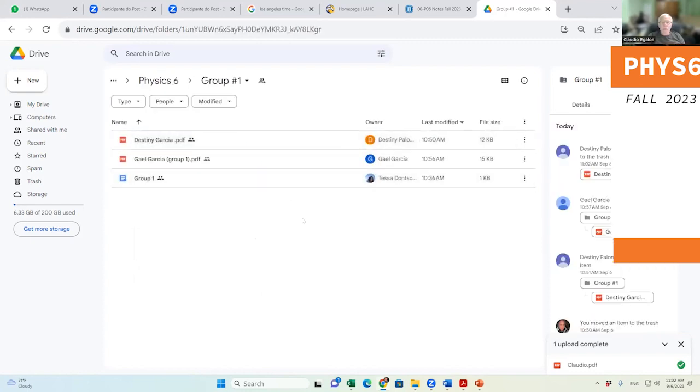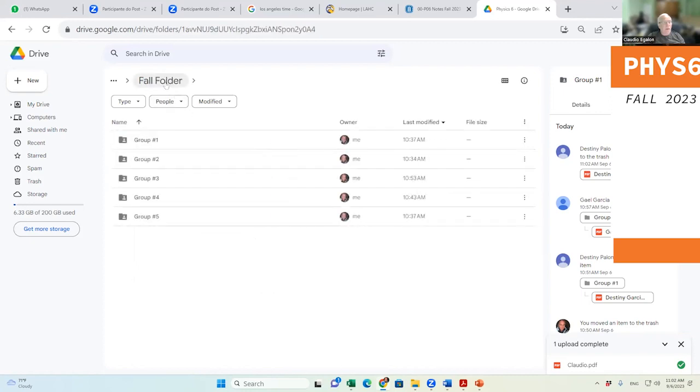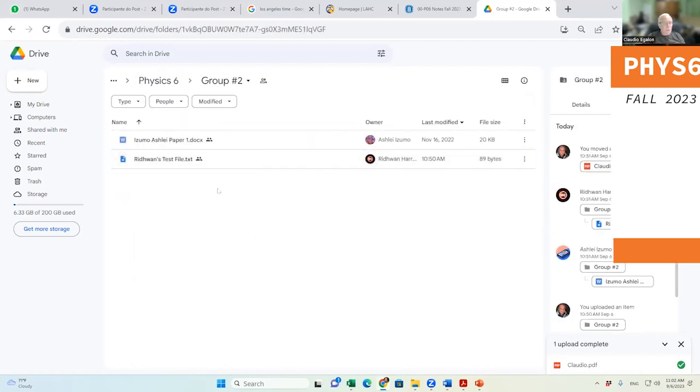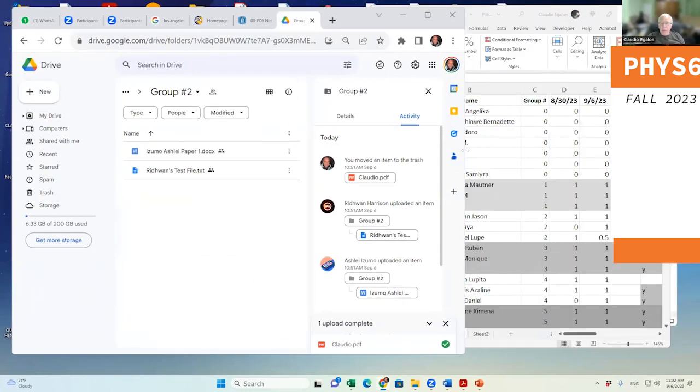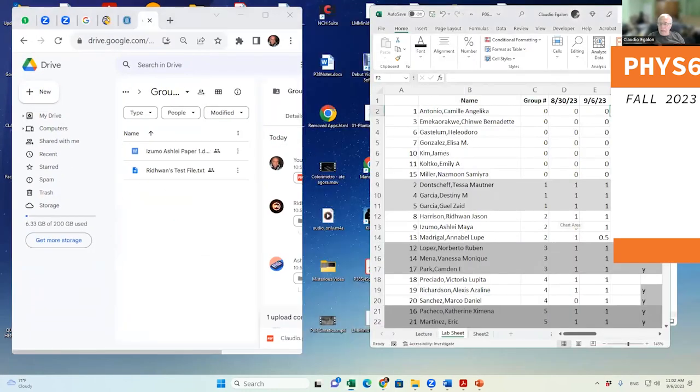Let's see how group 1 is doing. Not yet, right? Let's see, group 2. Okay, someone in group 2 already deleted their file. Let's see who that is. Let's see, Ashley. Okay, just Tessa, right, Tessa? You managed to delete your file. Oh, it's group 2, not group 1.